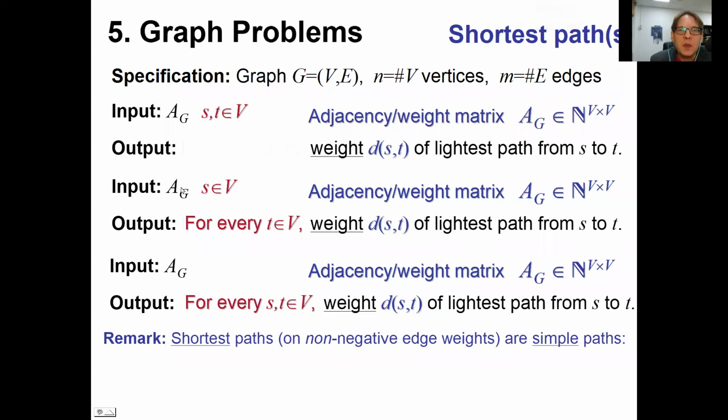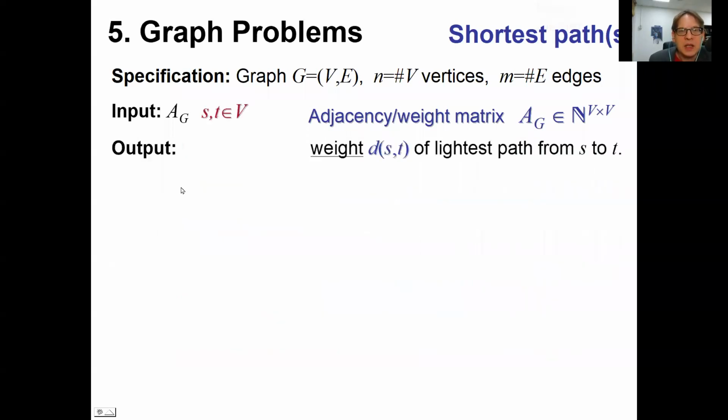First, there's the qualitative connectivity. Can we get from a given start vertex S to a given target vertex T at all? Yes or no is the answer to this decision problem. On a more refined level, what is the shortest path?